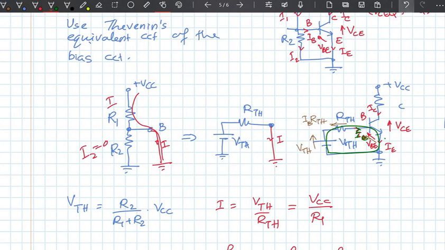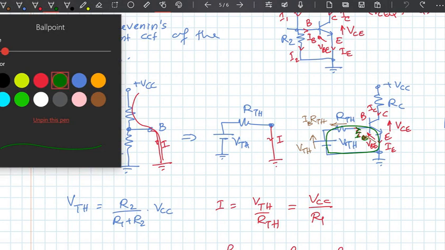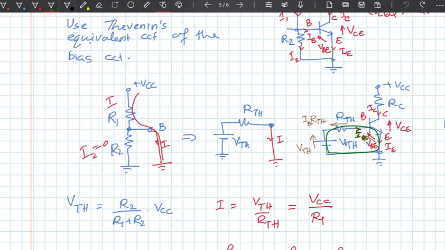Okay, so what voltages do we have here? We have VCE, this voltage here, and this IC times RC, and that should be equal to plus VCC.